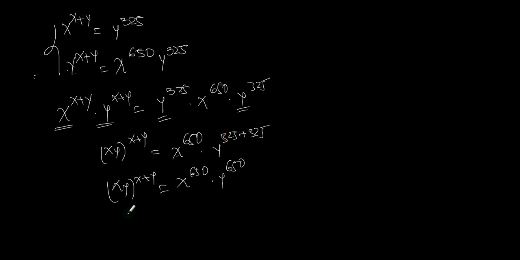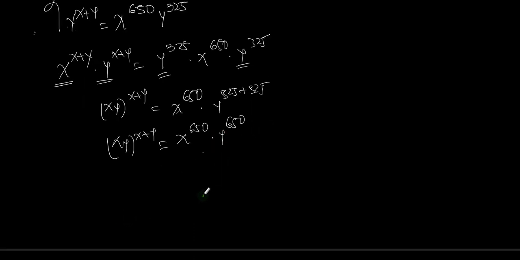So now we have xy to the power of x plus y equals, with different bases, same powers, we multiply the bases and keep the powers, xy to the 650.